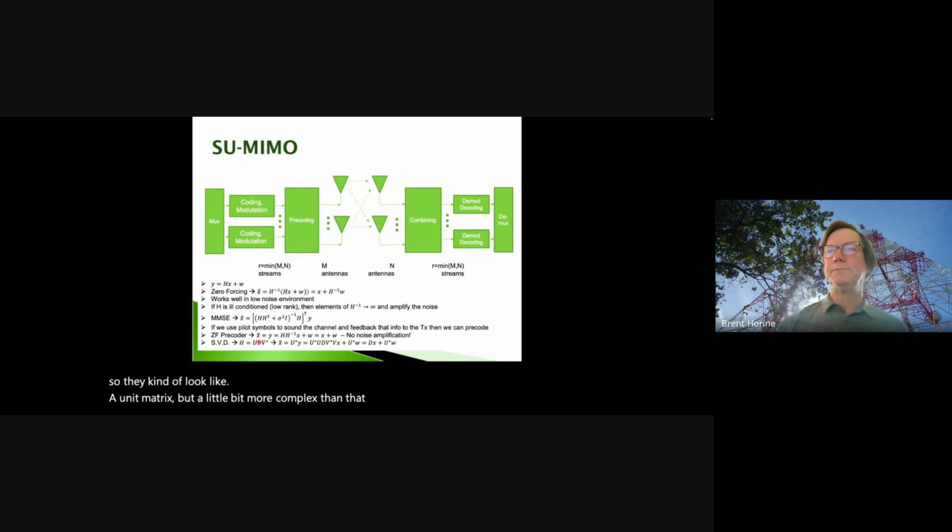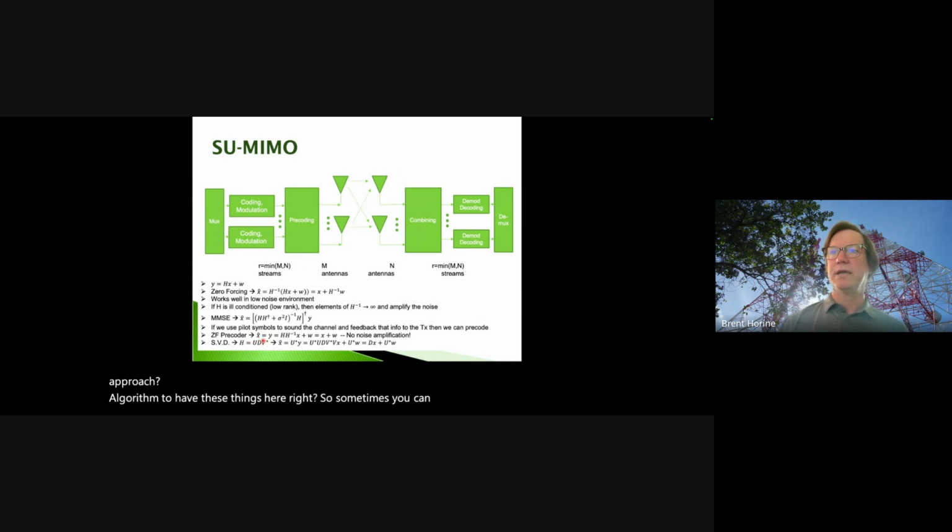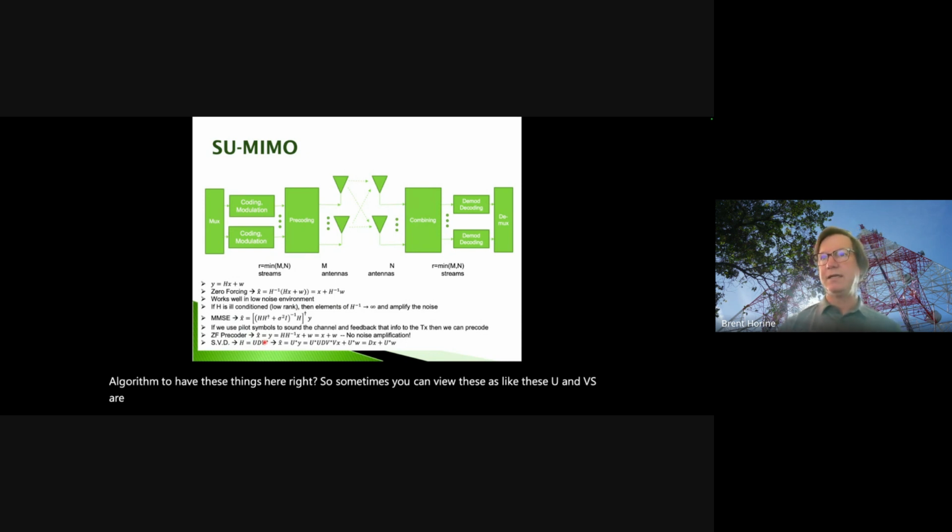And this D matrix is a diagonal matrix, right? So we just split this up using a mathematical algorithm. Sometimes you can view U and V as rotating the data and D as scaling the data.